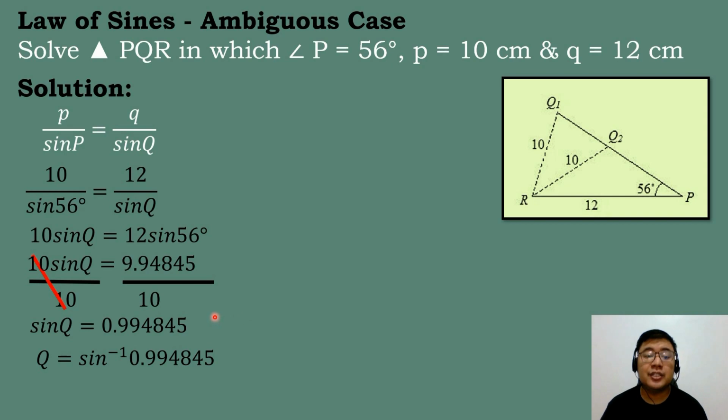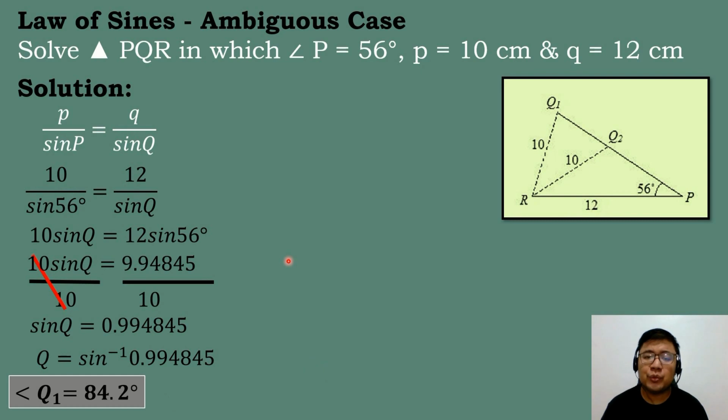Just press shift sine on your calculator followed by 0.994845. The answer will be 84.2 degrees. Therefore, the measure of angle Q sub 1 is equal to 84.2 degrees.